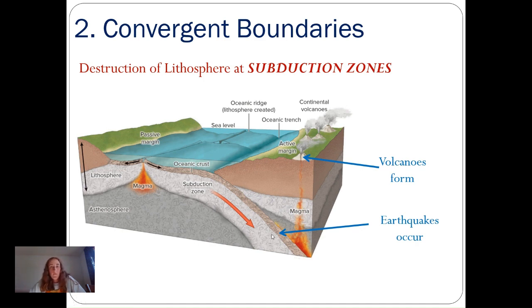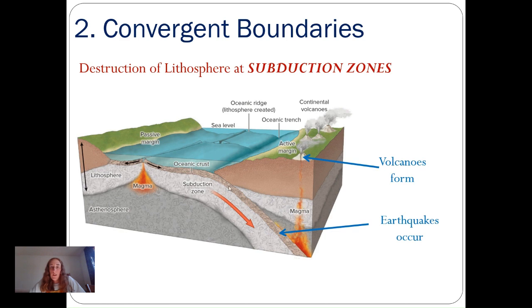As it does so, this tectonic plate is destroyed. The reason for that is because as it goes farther beneath the other tectonic plate, it gets hotter in temperature. We discussed that as you go deeper beneath Earth's surface, it gets hotter.